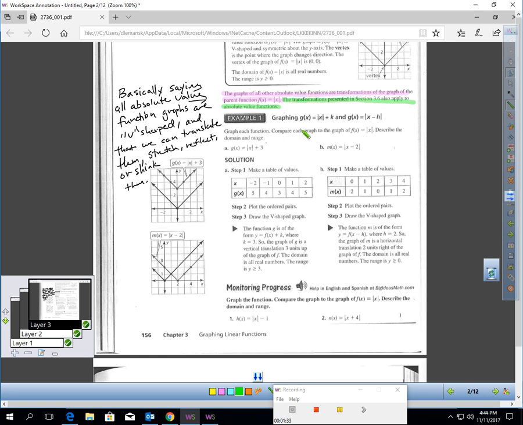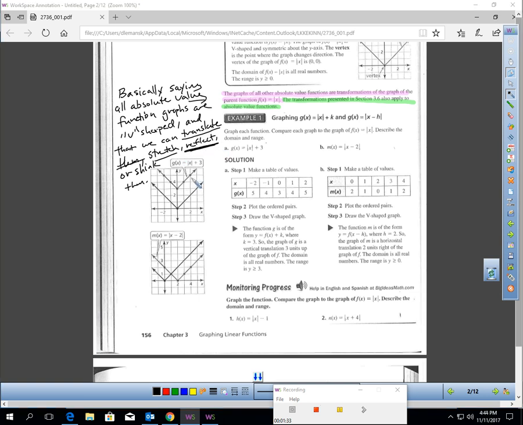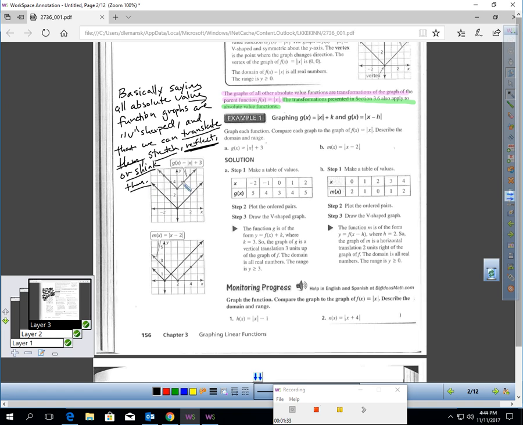Basically, all this stuff up here is saying absolute value function graphs are always V-shaped, and that we can translate them. Remember, translate, maybe we should talk about that. We can slide them, we can stretch them, we can flip them upside down, which is what reflect means, or we can shrink them. So transformations, we can slide, stretch, reflect, or shrink them.